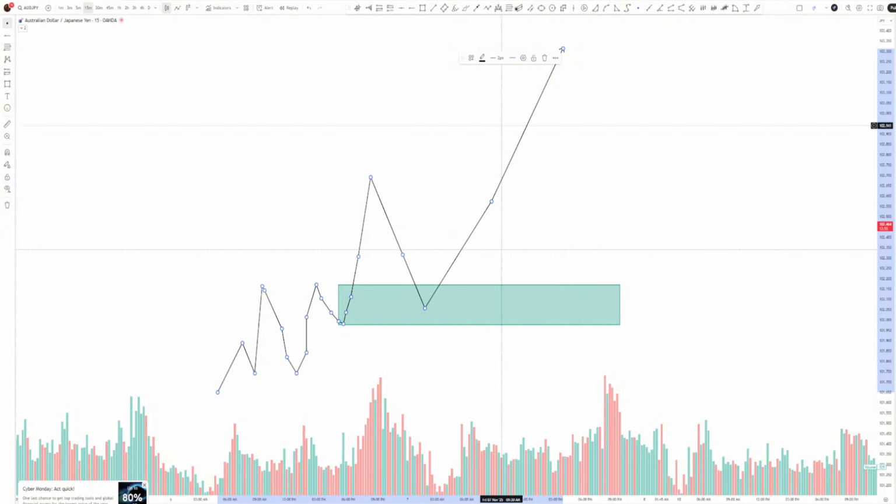It might reverse from here or it might explode, but still give a huge move to either side.